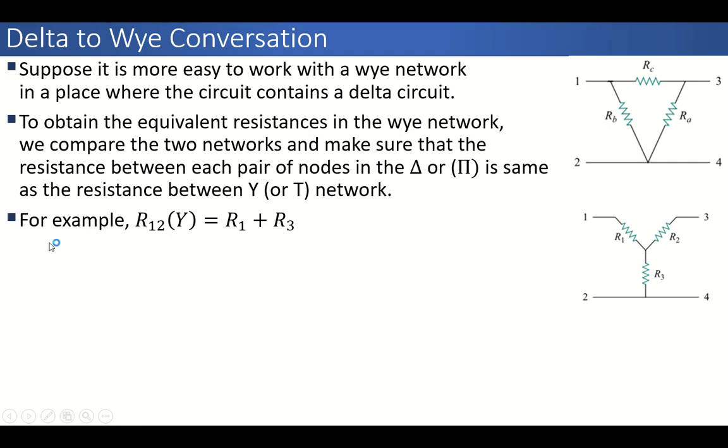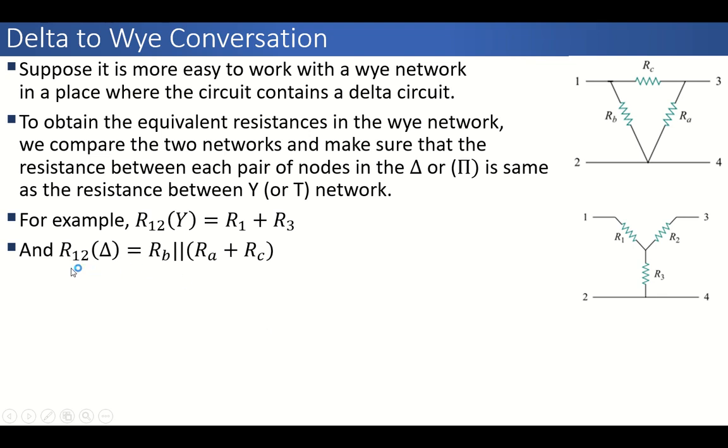So the resistance R12 in the Y network is the resistance between terminals 1 and 2. In this case R2 will be disconnected. We are connecting an ohmmeter across these two terminals, so obviously R1 and R3 will be in series, so the resistance between terminals 1 and 2 will be equal to R1 plus R3.